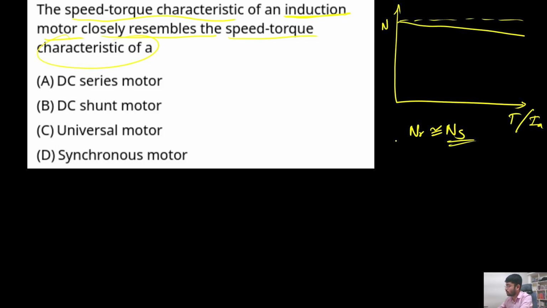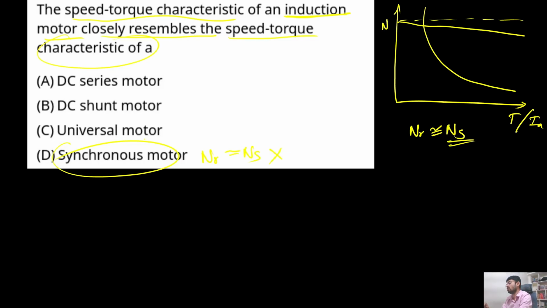In case of a series motor, it would be something like this. So which is the correct answer? In a synchronous motor, Nr is always equal to Ns, so this is wrong.